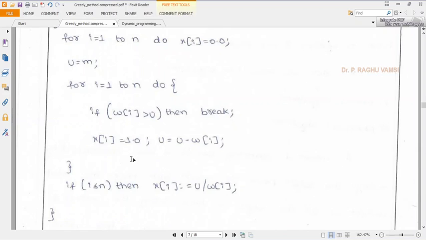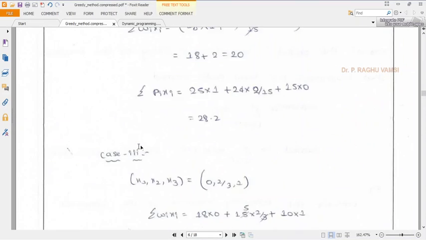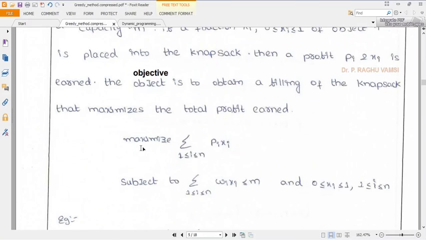So finally, our ultimate aim is, if there exist items x1, x2, x3, and so on, xn, you are supposed to maximize the profit, that is sigma of i from 1 to n of pi xi, subject to the condition that the weight should be less than or equal to the capacity of the bag.